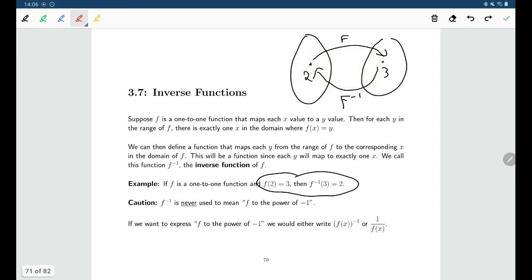And if you were to start by taking the value of 3 and putting it into f inverse, then take what you get and put it into f, you get, again, back to where you started. That's the whole idea of an inverse function: f inverse undoes what f does. So if you take a function f and compose it with its inverse, you take that input value, get the output value of f, put that inside of f inverse, and it takes you back to the start all over again.